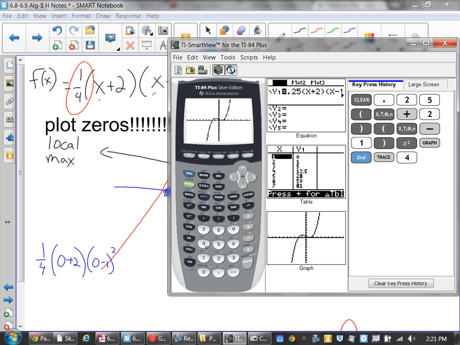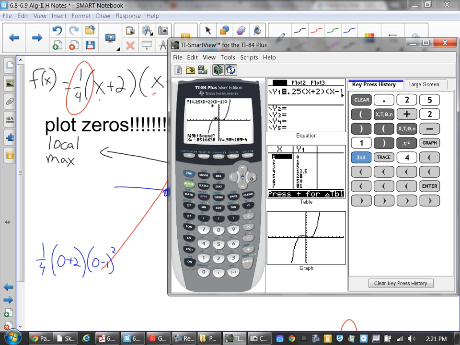So if I start with my maximum, I pick a left and a right boundary, move my cursor to the left of it, then to the other side, and hit enter. I get a maximum at -1 and 1.